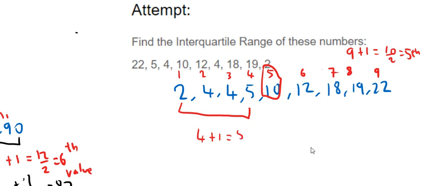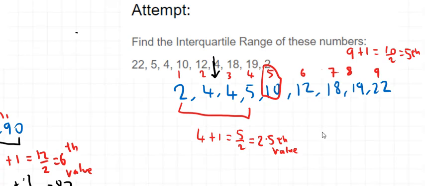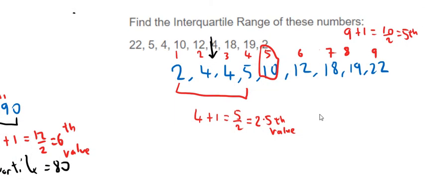So 4 plus 1 is 5, divided by 2 is 2.5. So it's the 2.5th value. So the 2.5th value has to be in the middle of these two, of 4 and 4. So to get the median of those, you do 4 plus 4 and divide by 2, which you should be able to see is just 4. So 4 is the lower quartile.